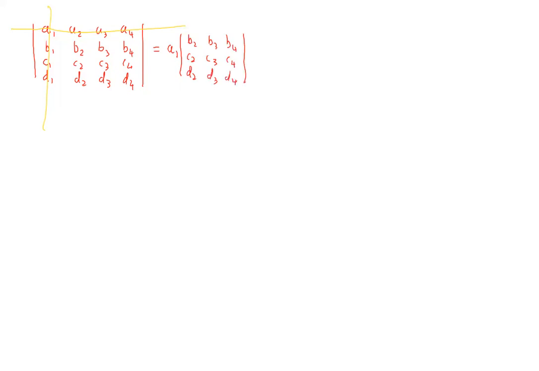And then now you start doing the same thing with the other entries. The only thing you have to remember is that you alternate the sign. So it will be minus A2 times the determinant that you get by deleting the row and the column that contain A2, and you can see which one it is.